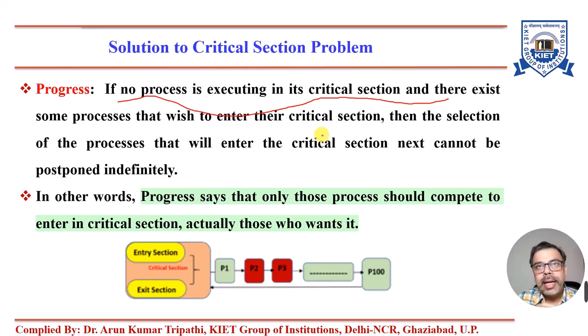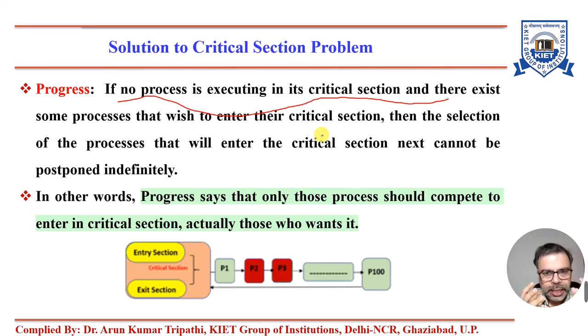So can it be possible using round robin? Means there will be fair selection. First process P1 will go, then P2, then P3, then P4, then again P1, P2, P3, P4, then again P1, P2. No. Suppose that only P1 and P4 want to enter into the critical section. Why should we wait for P2 and P3?